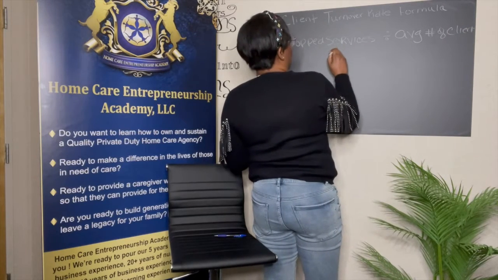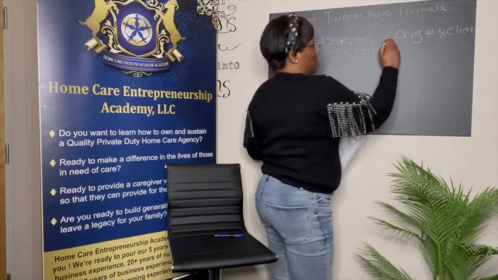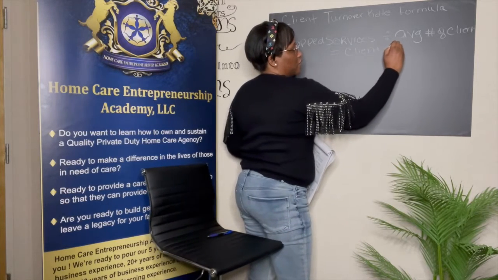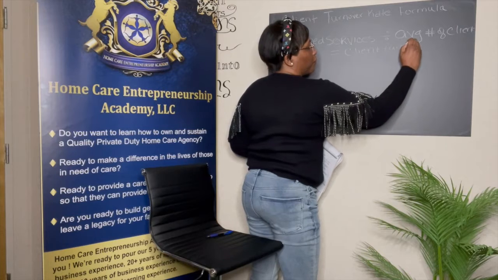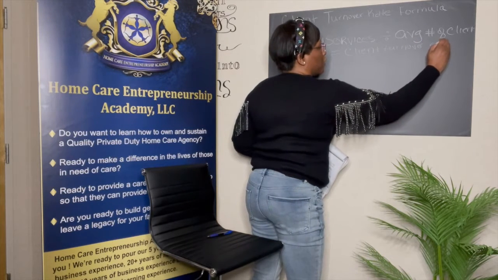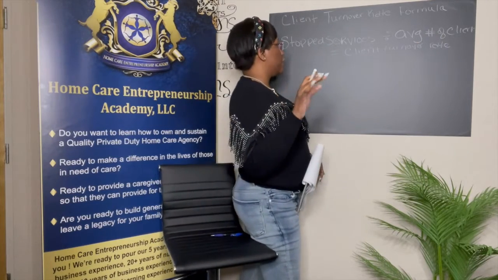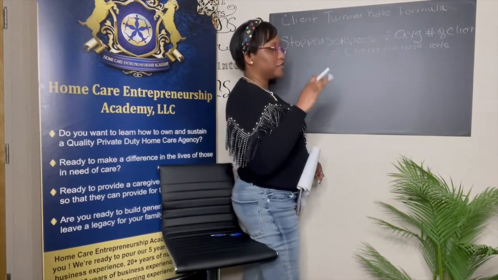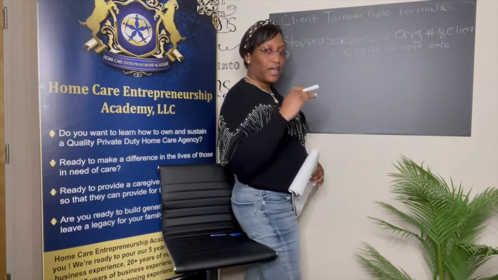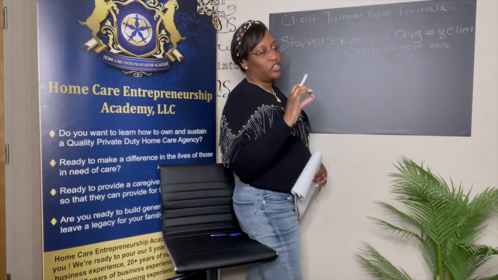And that is your client turnover rate. Hope you guys can see this. So one more time. Your client turnover rate is going to be calculated by your stop services, the number of clients that stop services, divided by the average number of clients.